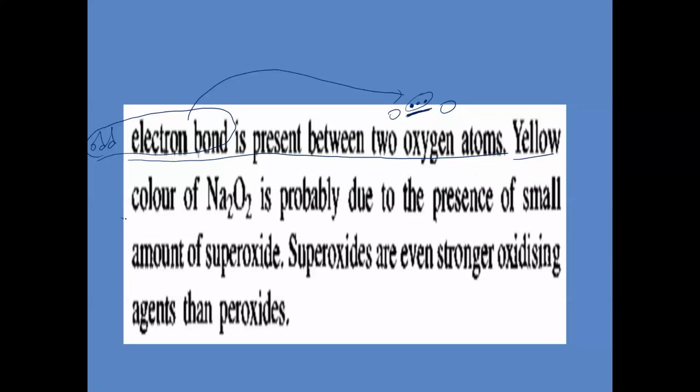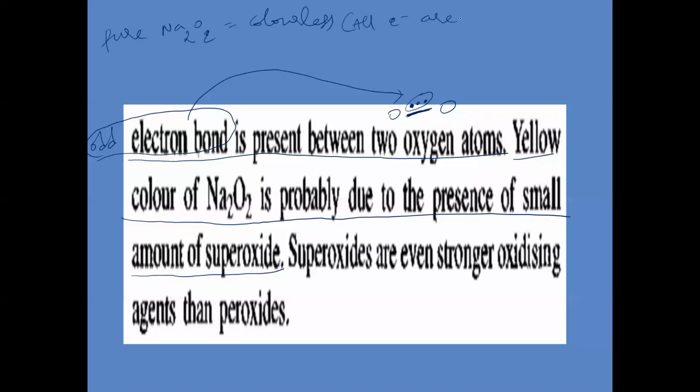Then the yellow color of Na2O2 is probably due to the presence of a small amount of what? Superoxide. Actually, pure Na2O2 is colorless. Why is it colorless?